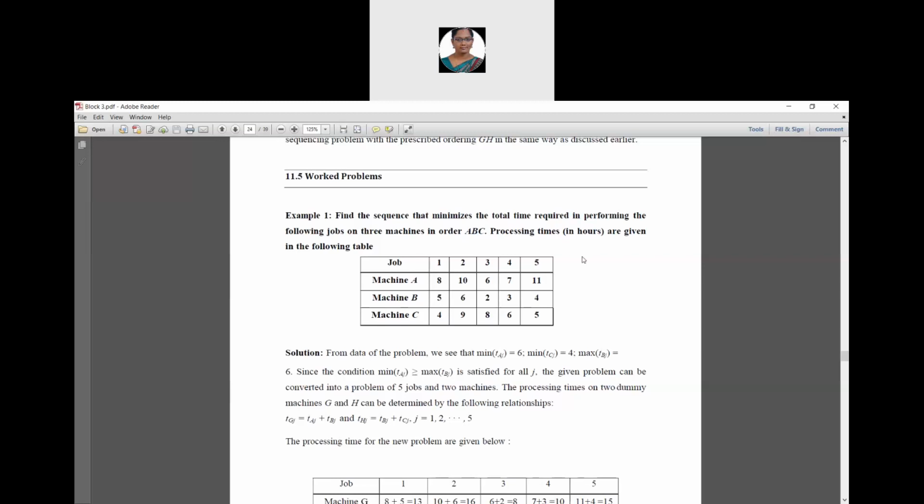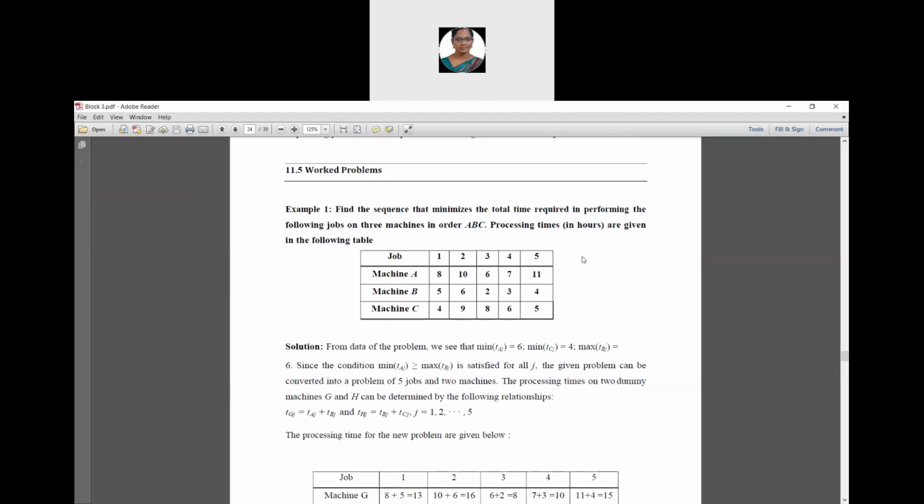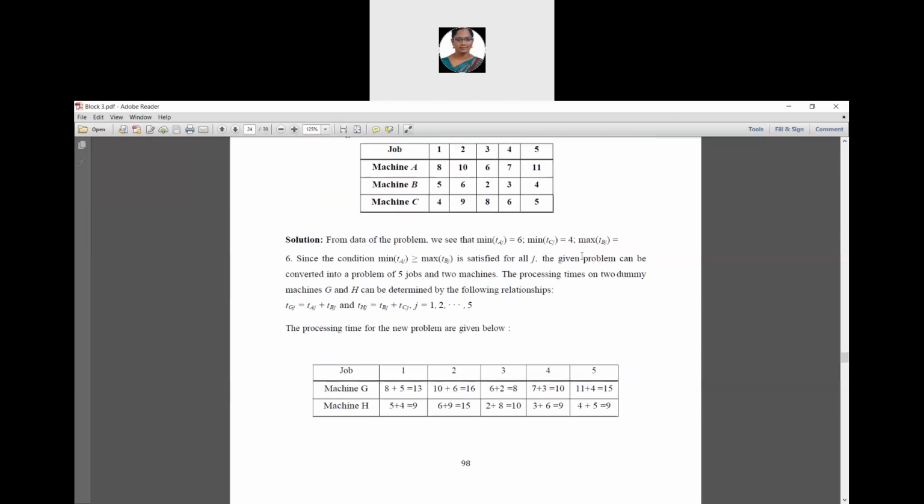Okay, so from the data given in the problem, we see that the minimum of machine A is 6, the minimum job value for machine C is 4, and the maximum job value for machine B is 6.